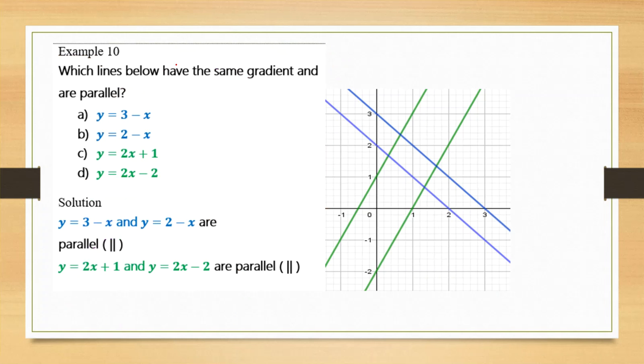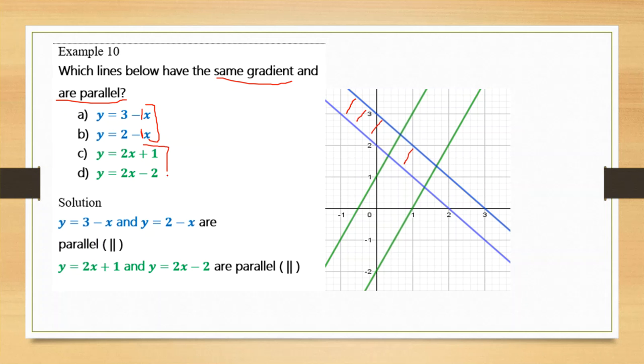Example 10, which lines below have the same gradient and are parallel? So again, do these ones in GeoGebra and you'll see. So the number in front of the x, which in this case is -1, tells us the gradient. So these two are parallel, same colours, they're parallel, and you can see they're the same distance apart all the way through. That's what parallel means, same distance apart.